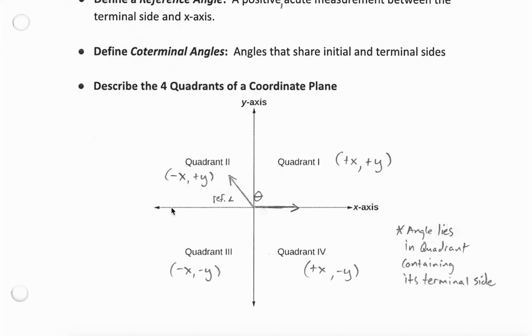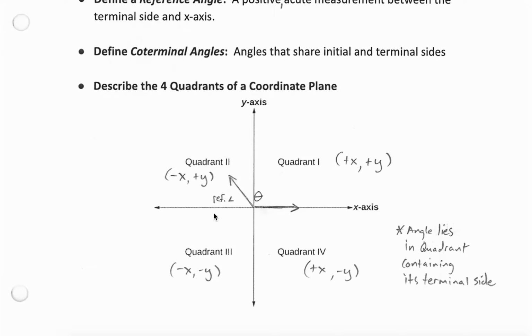We're on the left side of the x-axis now, the negative side. So our x values are going to be negative, but our y values are still positive. In quadrant 3, both x and y values are negative. And in quadrant 4, we're back to the positive side of the x-axis, but we're in the negative part of the y-axis, so positive x, negative y coordinates.